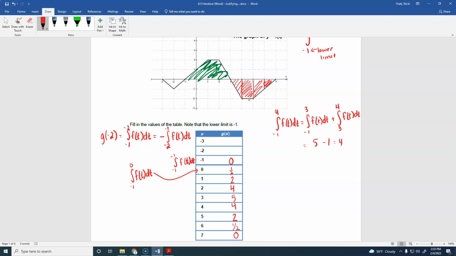Whenever you have a limit that's going backwards, it's going to change the sign of whatever it normally would have been. So the area here from -2 to -1 would be -1/2. But because we're going from -1 to -2 instead of -2 to -1, it's going to change the sign, so it actually is a positive 1/2.